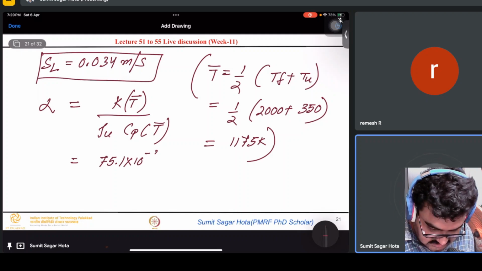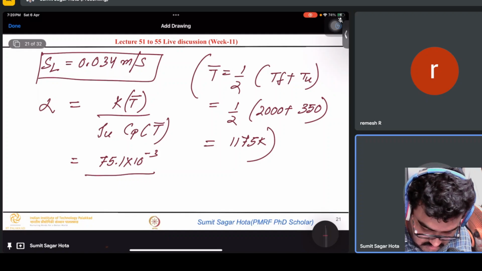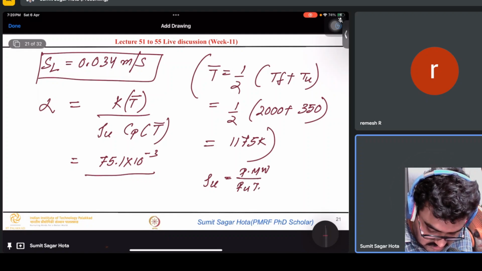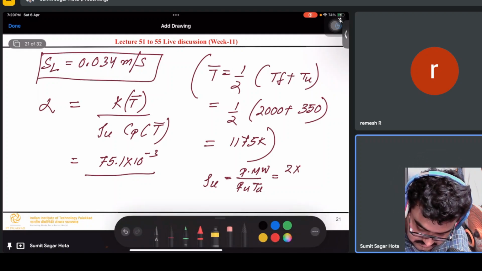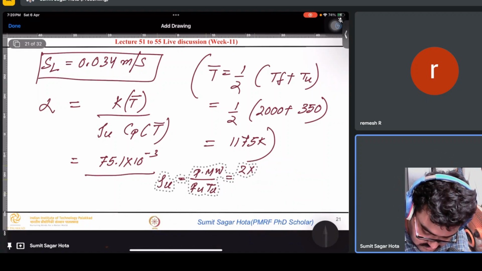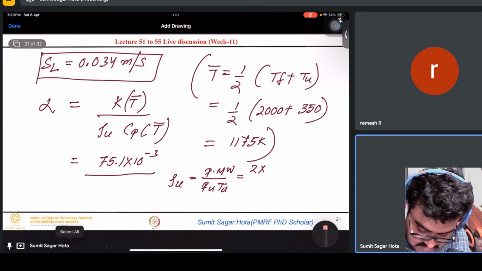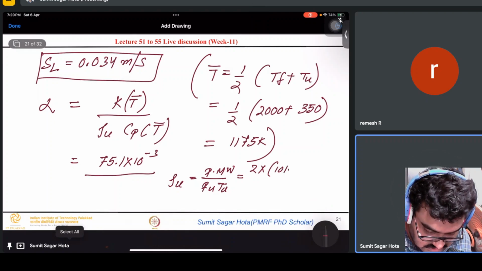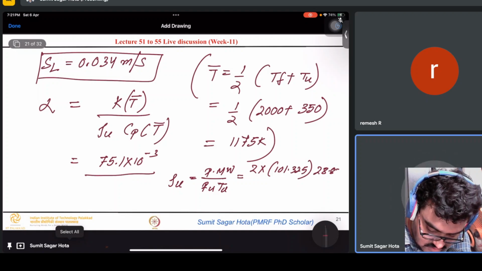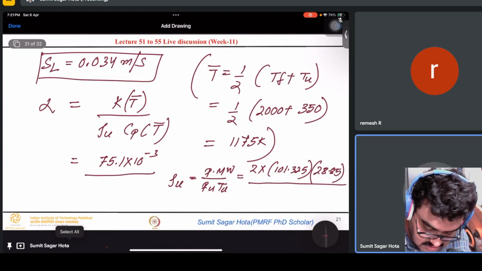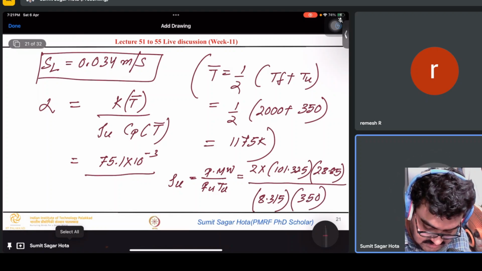75.1 into 10 to the power minus 3 divided by rho u. How do you find out rho u? Rho is equal to P into molecular weight divided by Ru into Tu. That is 2 into 101.325 into 28.85, which is the molecular weight of air, divided by 8.35 into 101, with temperature 350 Kelvin.